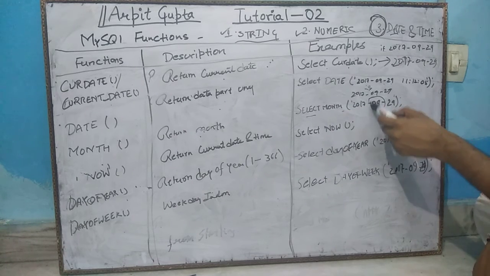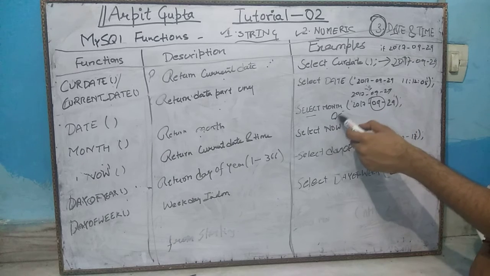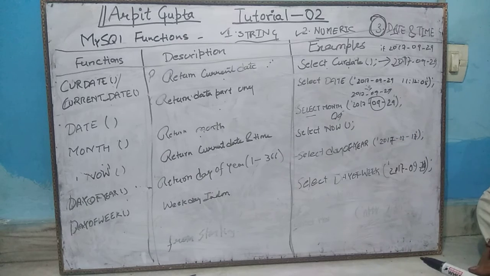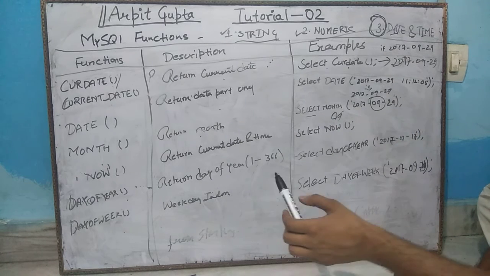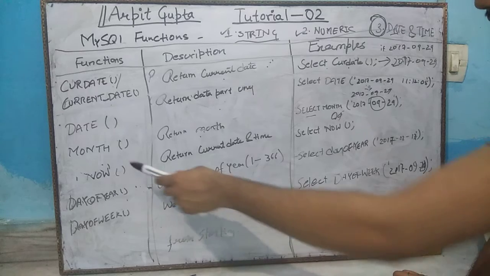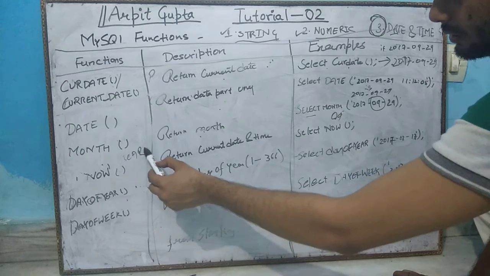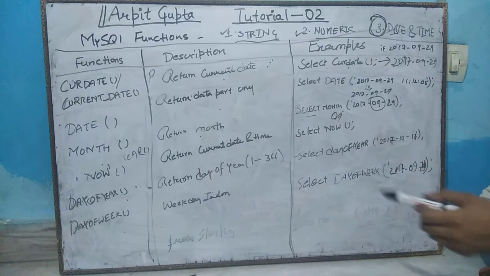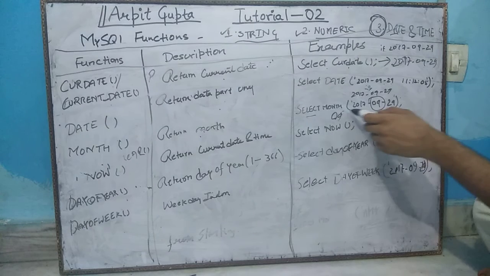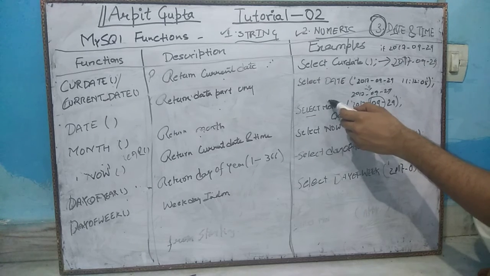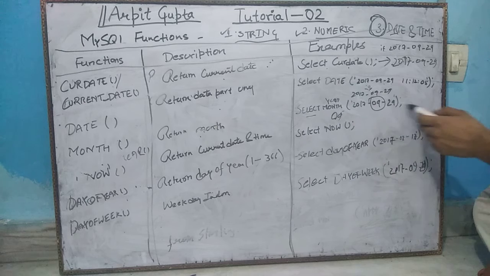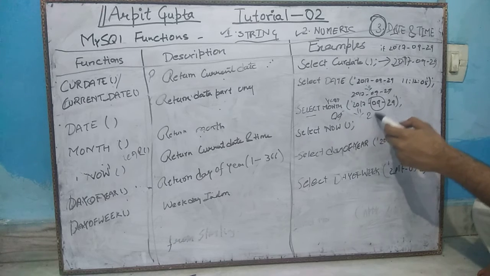It returns the output 09. Similarly, year returns the year. For example, select year 2017, it will return 2017.